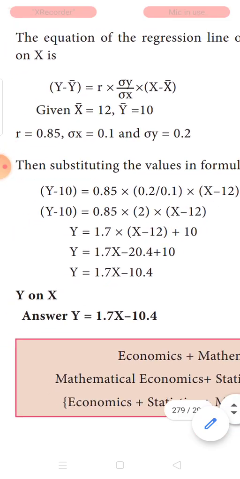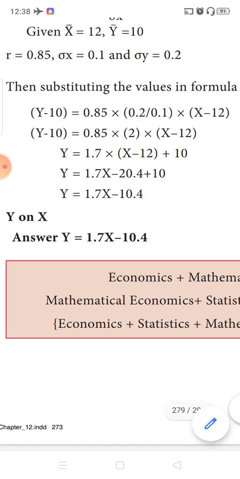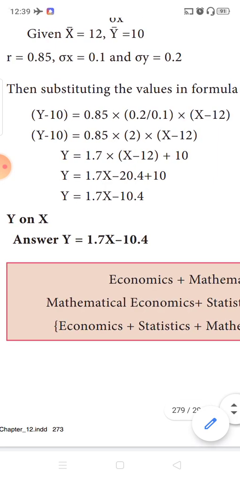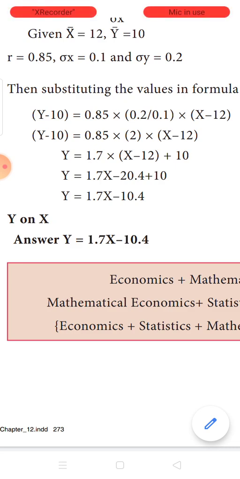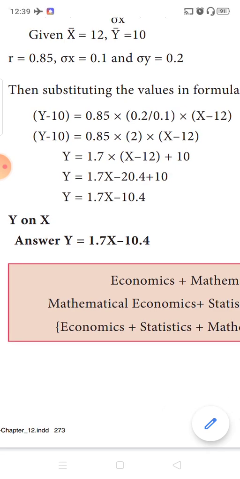Now, the equation of the regression line of y on x is given to be y equals 1.7x minus 10.4. So, this is a 5-mark answer, children. Very easy to do. I want you to do it in the classwork notebook.